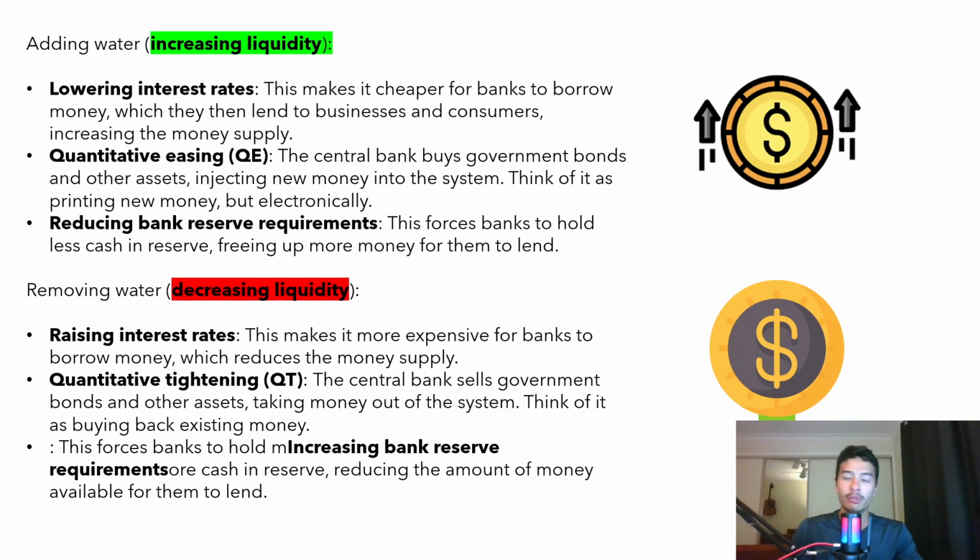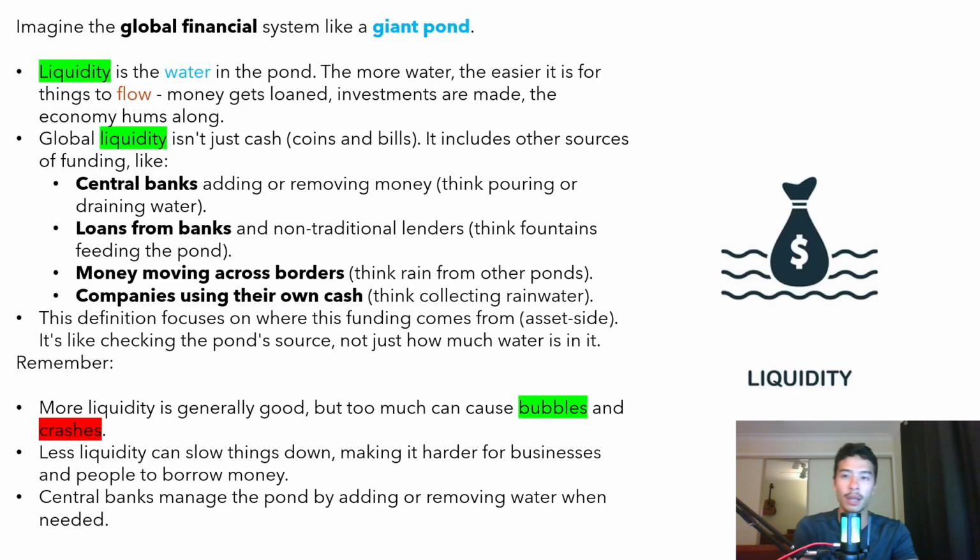You've got reducing bank reserve requirements. Banks have to have such large reserves, which since the 2008 financial crisis, they've had to tighten up those rules, because there's a big story with that, and I'm not going to cover that in this video. But removing water and decreasing liquidity is just the opposite of those tools that we just looked at and what the banks use, okay?